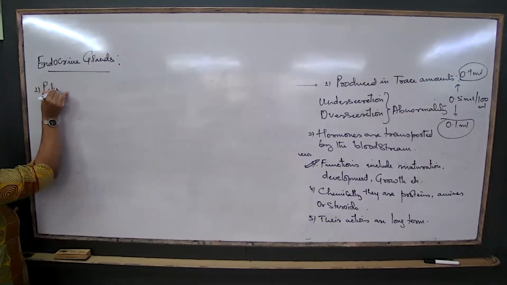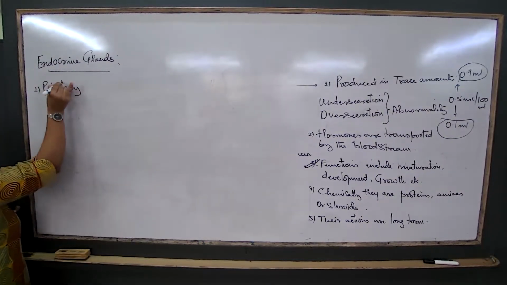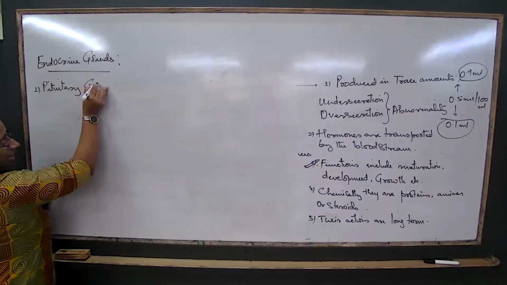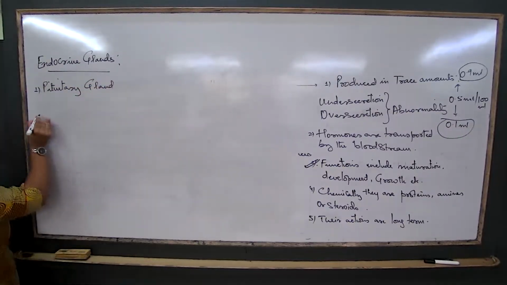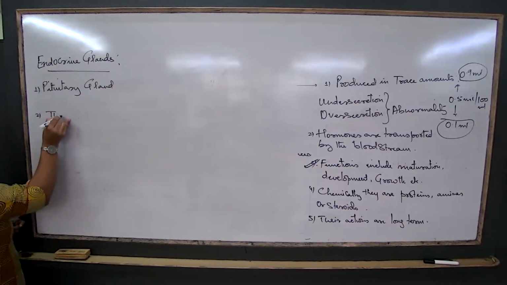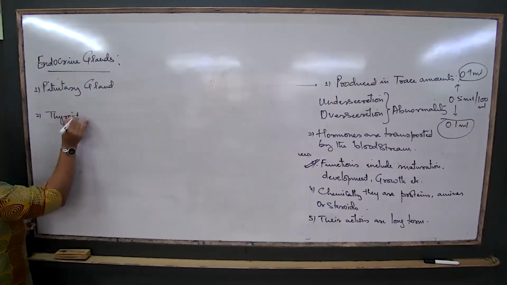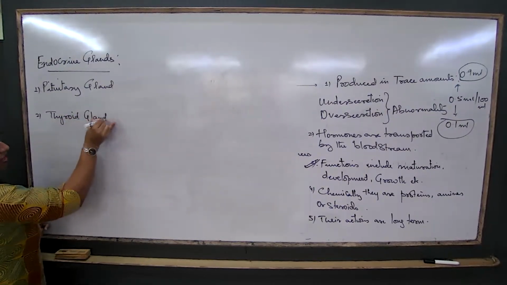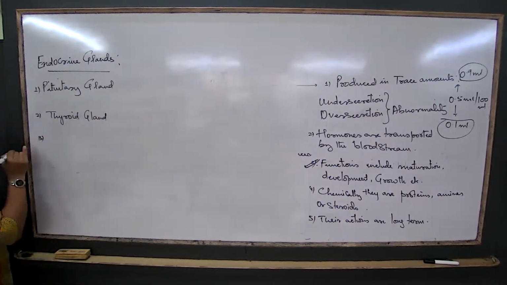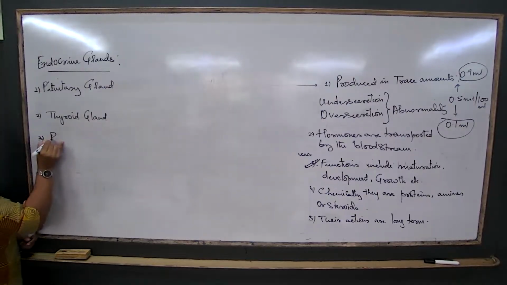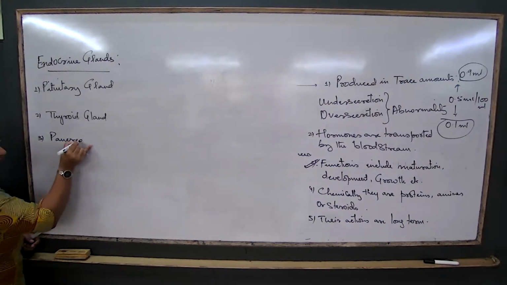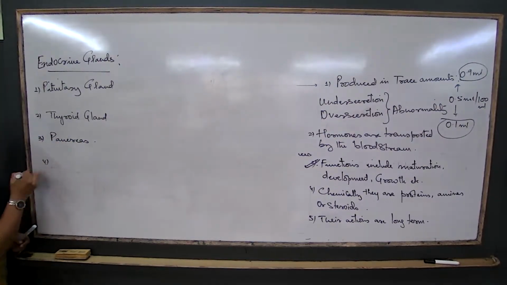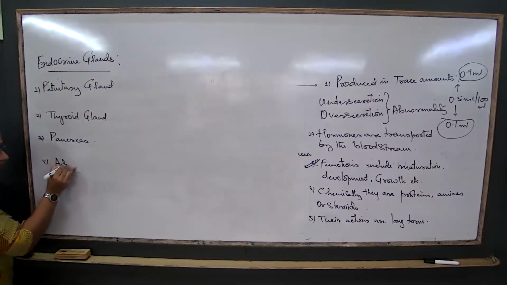The first is the pituitary gland. The second is the thyroid gland. The third is the pancreas. The fourth is the adrenal.